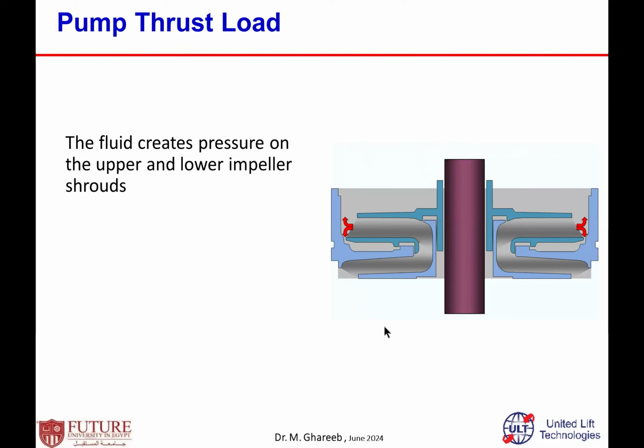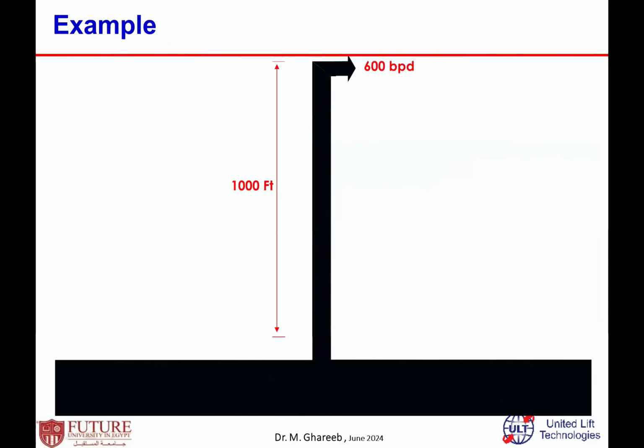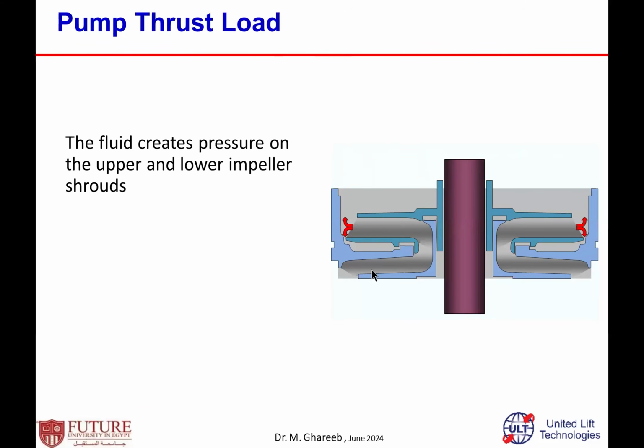When I'm producing fluid through this, in the normal case the fluid creates pressure on the upper part of the impeller's shroud, because it is lifting fluid, and the fluid goes to the next stage.